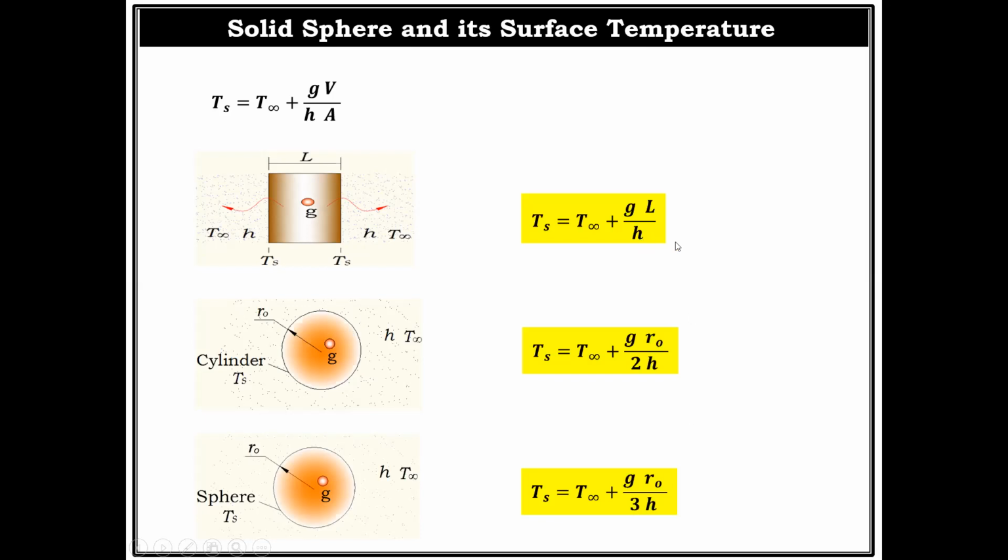And in the denominator, when it is a wall, it is 1H. When it is a cylinder, it becomes 2H. When it is a sphere, it becomes 3H. So wall H, cylinder 2H, sphere 3H. So it is quite easy to understand.